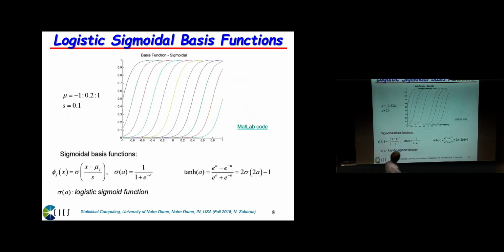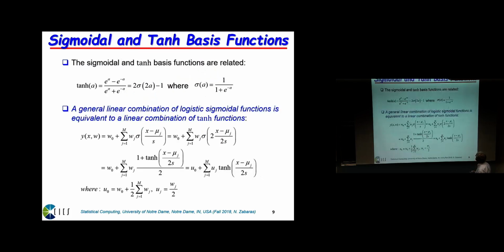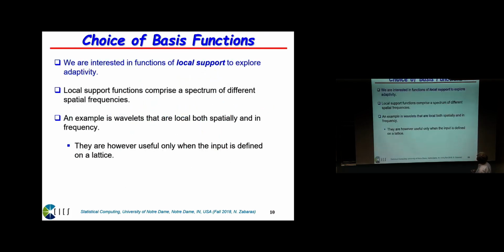You can use sigmoid basis functions that look like this, okay? You can use hyperbolic tangent, and actually, if you read the notes, these are very much related. You can write a regression model in terms of this to be sort of equivalent to when the basis functions are sigmoids, because the two things are related. All right.